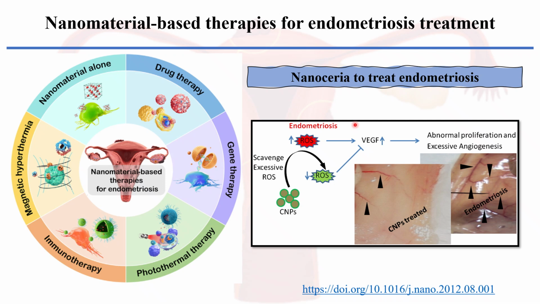In this study, they used cerium nanoparticles for treating endometriosis. As a result, compared with the control mice in the in vivo model, nanoceria significantly reduced endometrial lesions by decreasing the oxidative stress markers and angiogenesis in the endometriosis-induced mice.